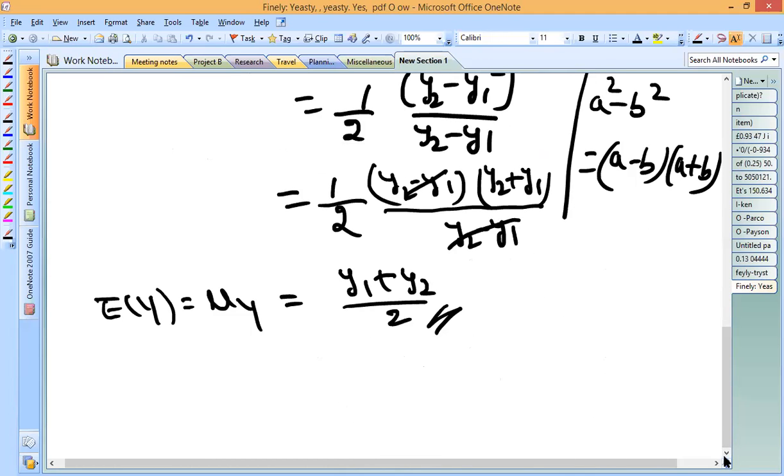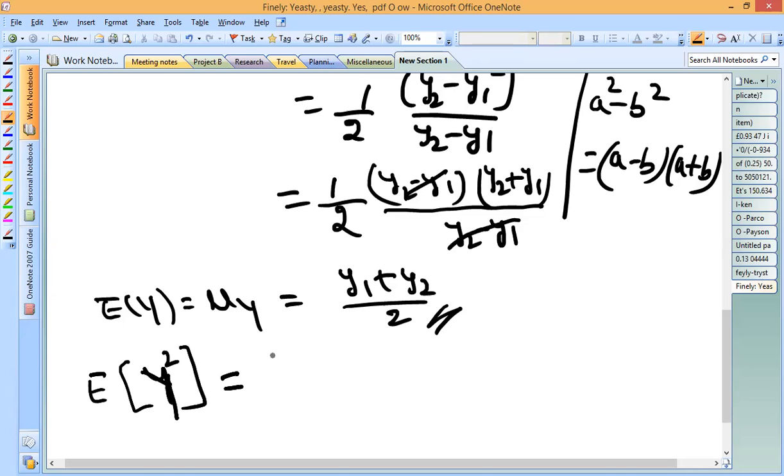Next we'll take the calculation of the expectation of the square of the random variable, capital Y. Here we are calculating the expectation about the origin. What is the equation for this? Remember one thing, this is not the variance. This is just the second moment of a random variable about the origin, that you need to remember.